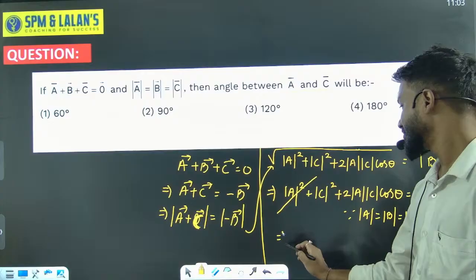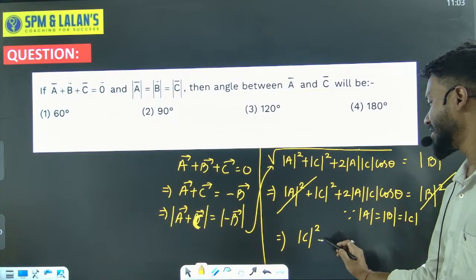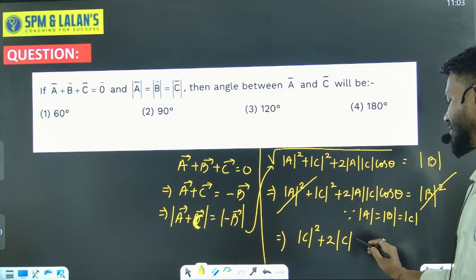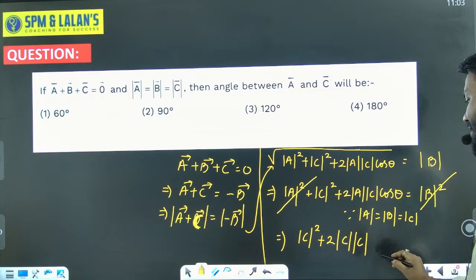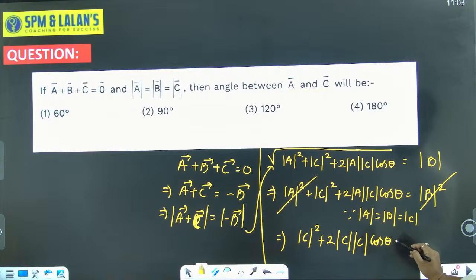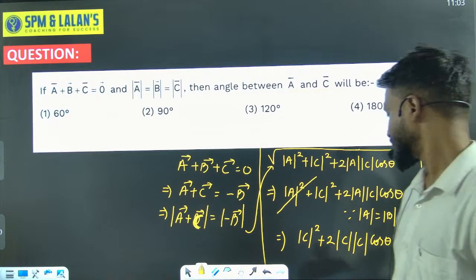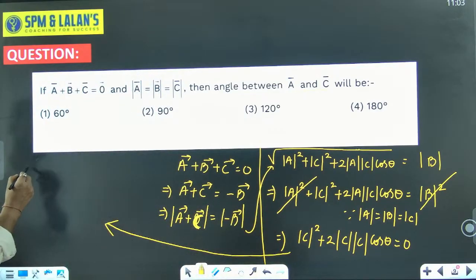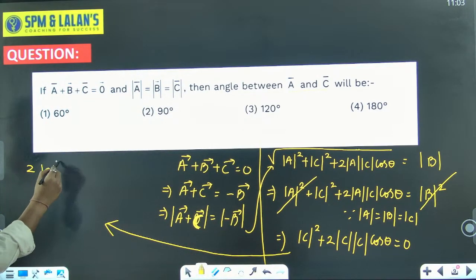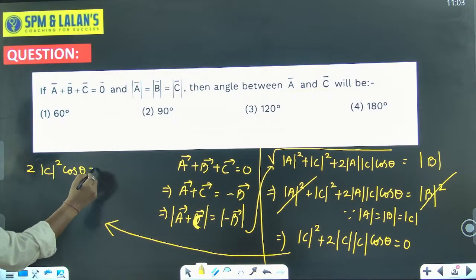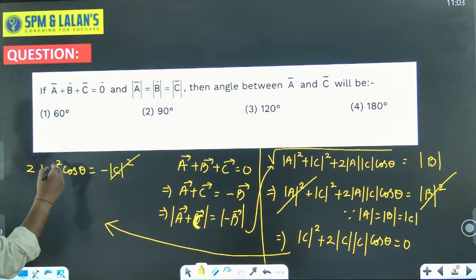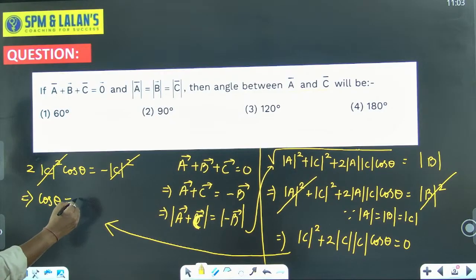So we'll get magnitude of C square plus magnitude of C square, and cos theta, which will make it 2 magnitude of C square cos theta equal to magnitude of C whole square. These will cancel out. So we'll get cos theta equals minus half.